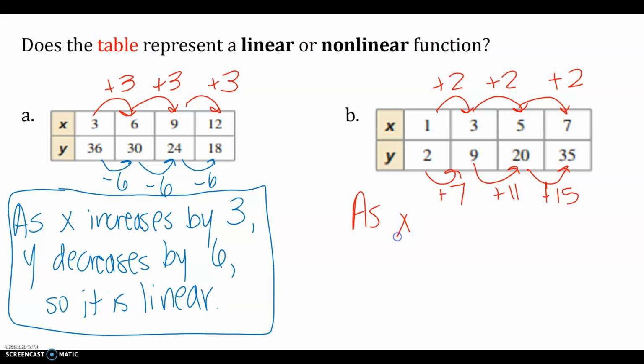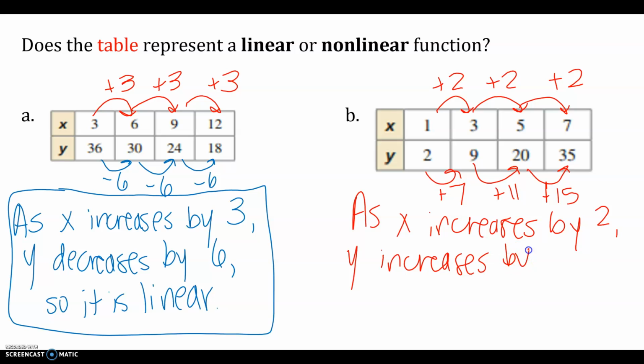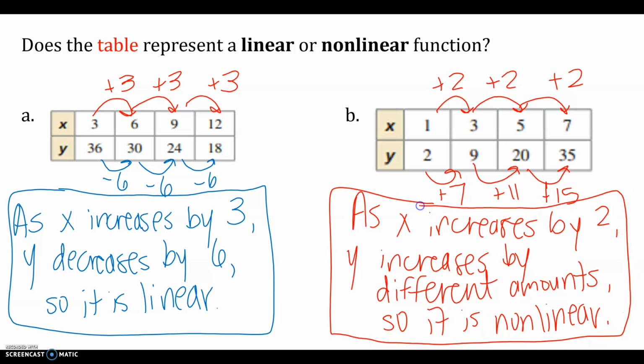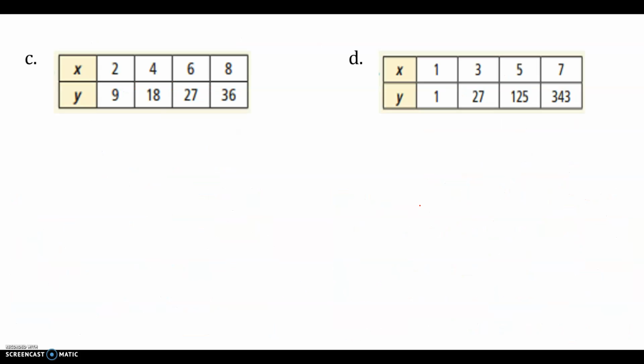So as x increases by 2, y increases by different amounts, so it is non-linear. Because those numbers on the bottom are not all the same, that is why it is non-linear.